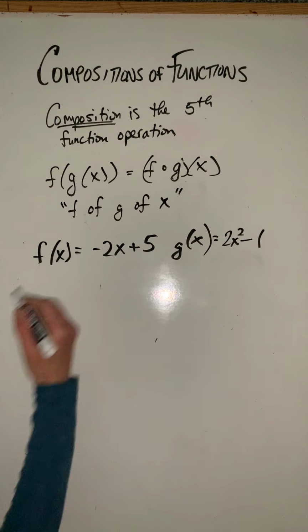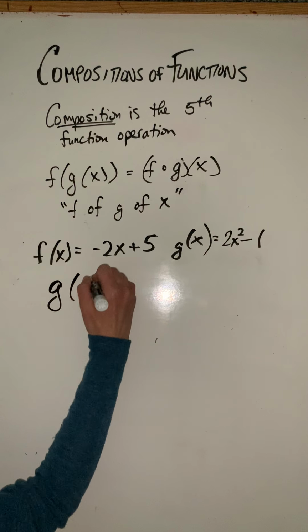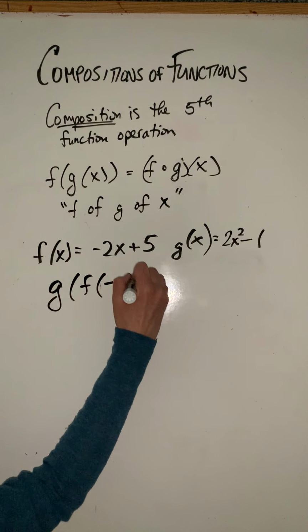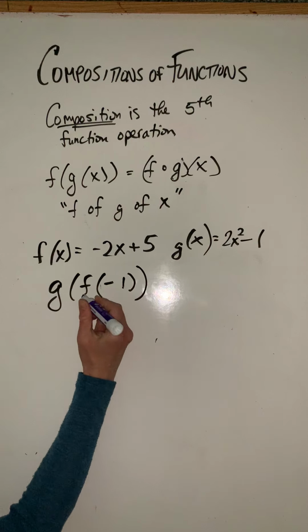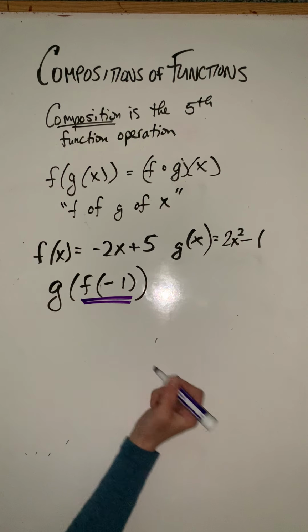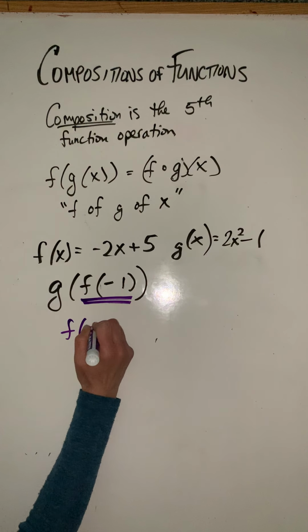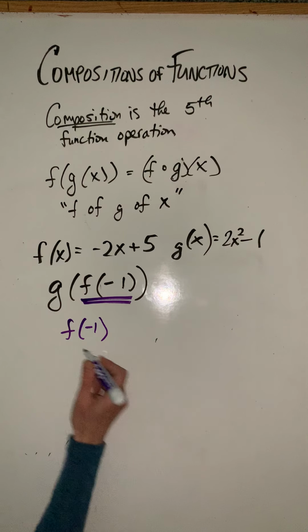So let's suppose this time we're going to determine the value of g of f of negative 1. Again, the order matters, so we've got to pay attention to that. We're going to start again on the inside, by evaluating f of negative 1.